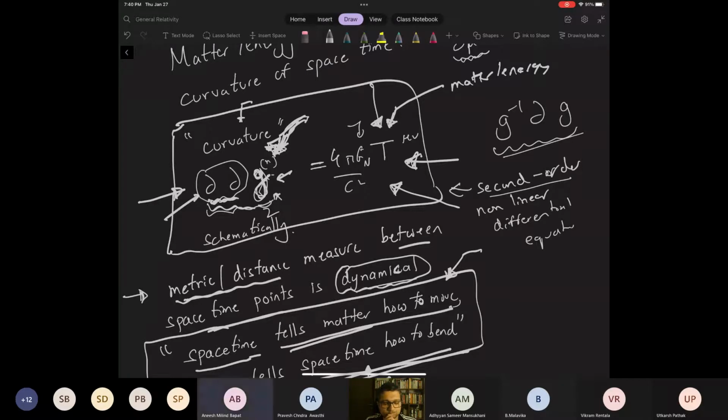Right. So would it be right to say that it's basically the local Minkowski metric in the curved spacetime? Let me say this. Even in a curved spacetime, roughly speaking, if I go to a small enough patch, I can always find a coordinate system in which my metric is flat.